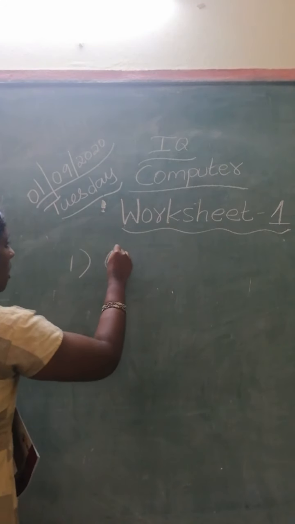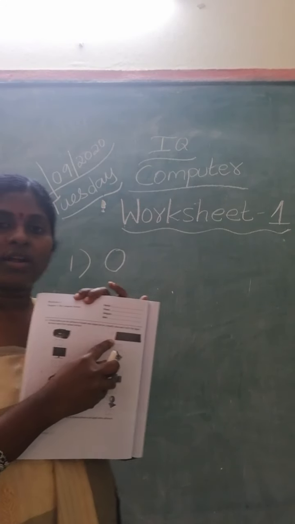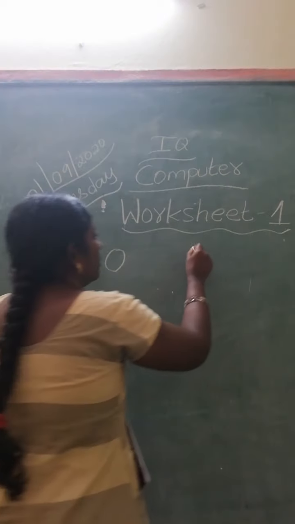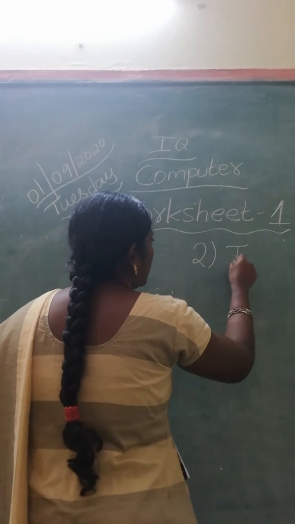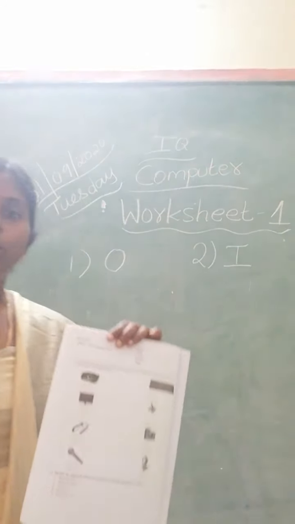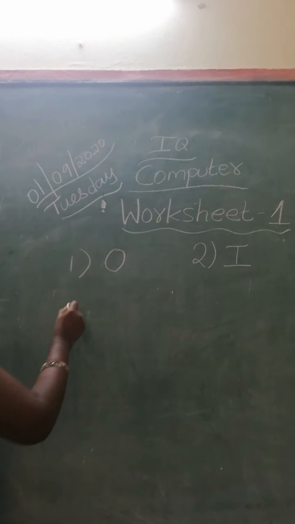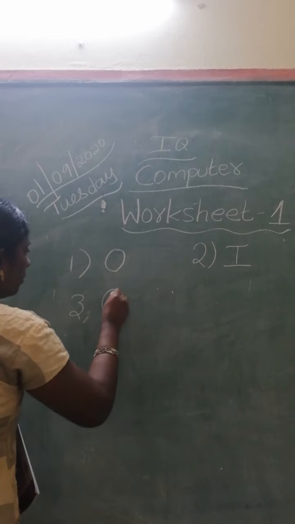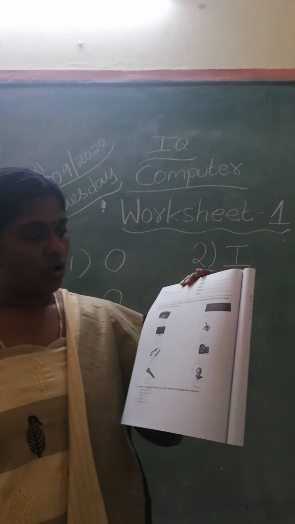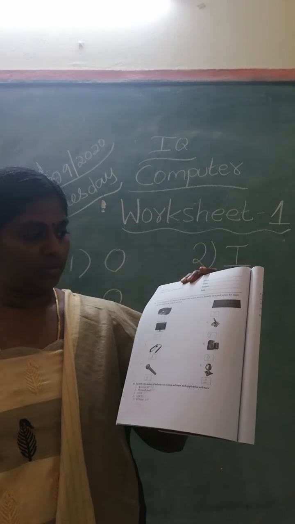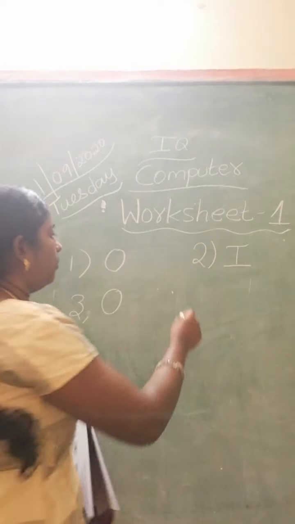Second one, keyboard. Keyboard is an input device. By using the keyboard we give input to the computer. Next one, monitor. Monitor is also an output device. Fourth one, joystick. It is an input device.